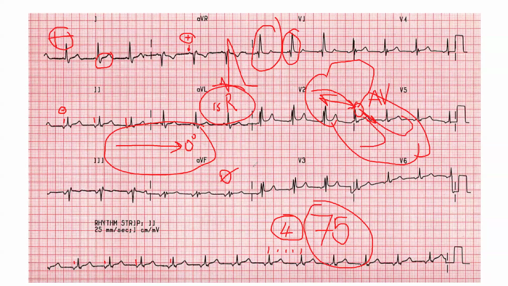Left, because you do see V1 and RSR pattern. In this seminar, this is, I think, the sixth case when I explain this. Whenever you do have the wide R complex on the right side or left side, the block is there. V1 is a right ventricle lead, so that's a right bundle branch block.